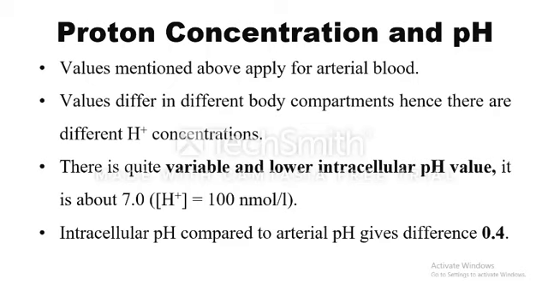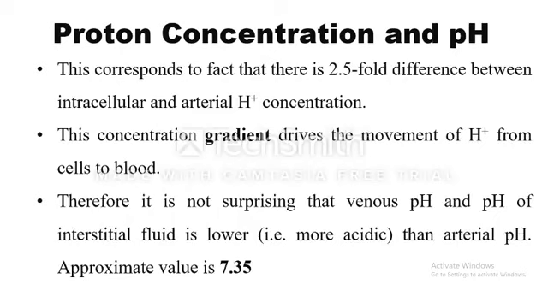So you can see the pH in our intracellular compartment is lower as compared to the arterial blood. It is acidic. This corresponds to the fact that there is a 2.5 fold difference between intracellular and arterial proton concentration.